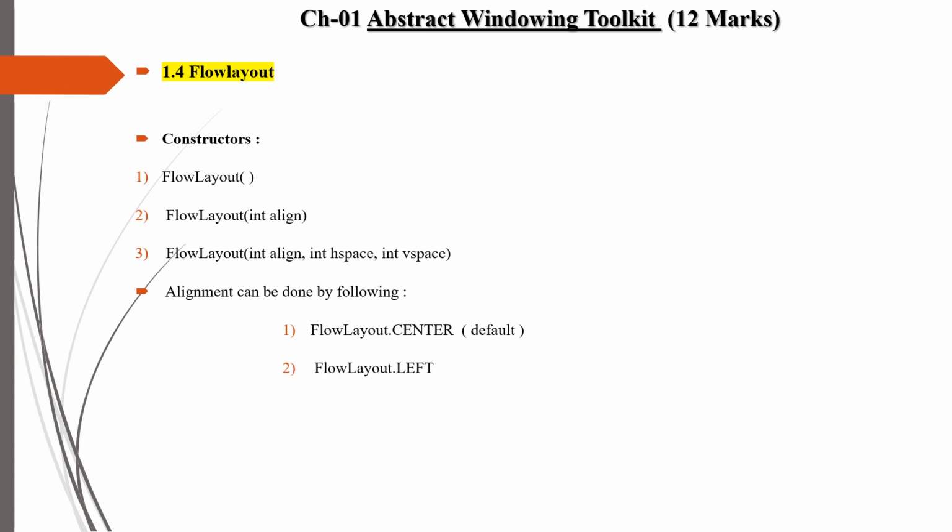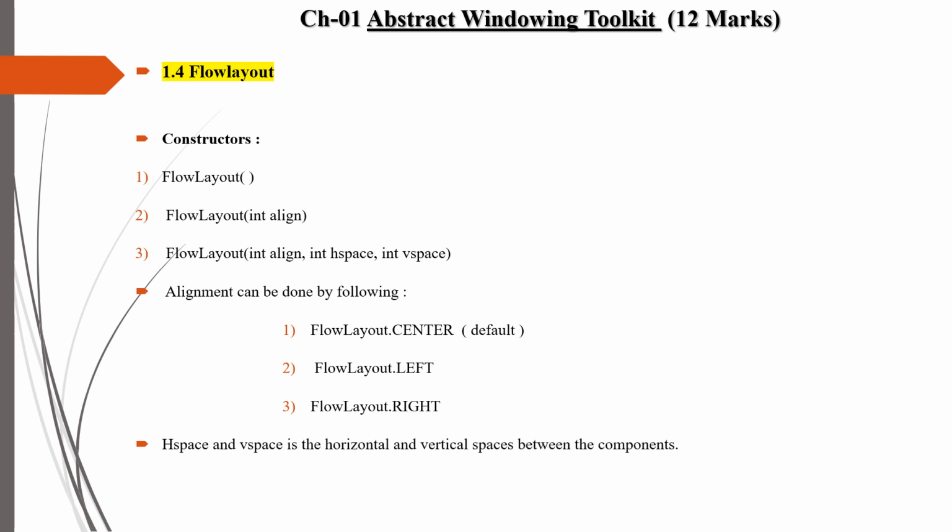Next we can use FlowLayout.LEFT, and the third one is FlowLayout.RIGHT. So these three are the alignment constants which may be used in the second and third constructors.